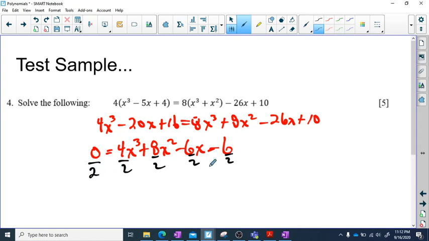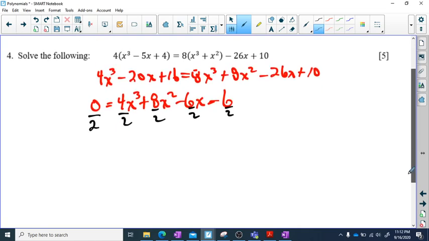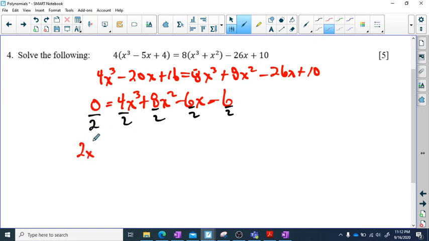Well, the nice thing about the left side is that it's 0. And if you divide 0 by anything, it's still going to be 0. So this equation would now become 2x cubed plus 4x squared, subtract 3x, subtract 3 equals 0.